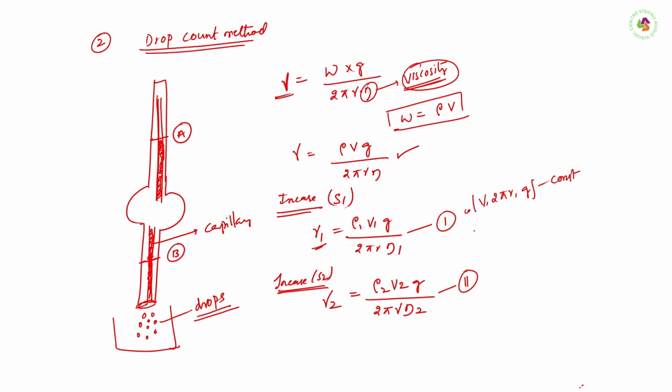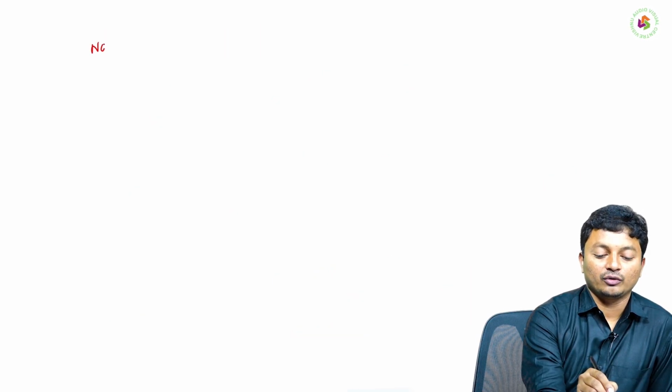So equation 1 can be written as gamma 1 is equal to rho 1 divided by eta 1. In the second case also, volume, 2 pi R and G will be constant. So this can be written as gamma 2 is equal to rho 2 divided by eta 2. Now we need to compare these two equations 1 and 2.